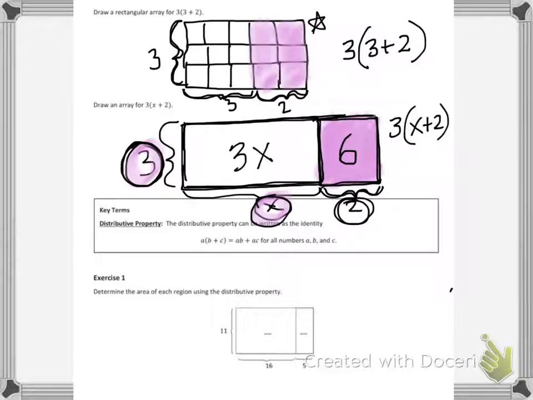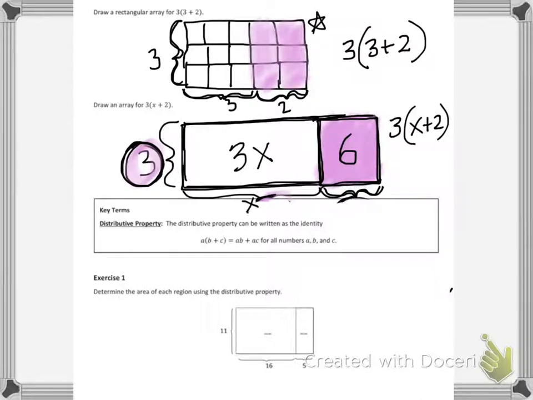What we've just done, using rectangular arrays and tape diagrams, is what we've come to know as the distributive property.